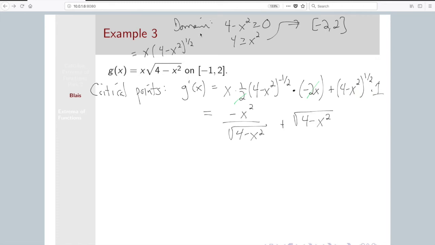So there's the expression for our derivative. Now note first, we have a problem with the derivative any time the root is 0, which occurs at x equals 2 or minus 2. So g prime of x does not exist at x equals 2 or x equals minus 2. Minus 2 is not in our interval, so we ignore it.